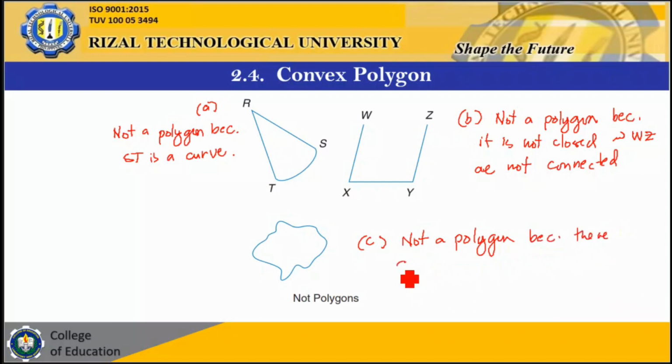So if you see these figures, even though they seem to be polygons, particularly letter A and letter B, because they do have some properties of what polygons are, unfortunately they are not.